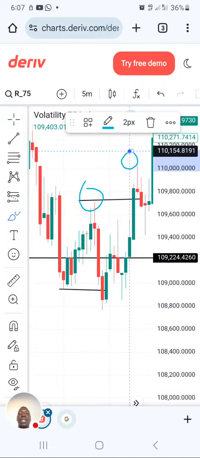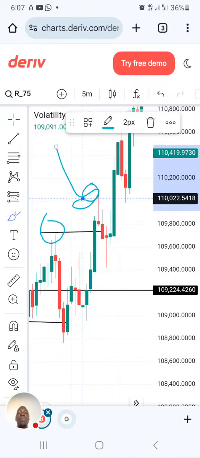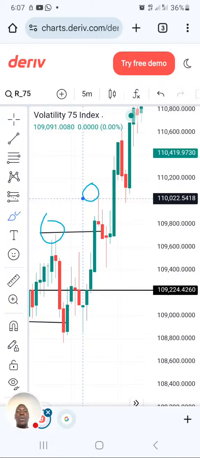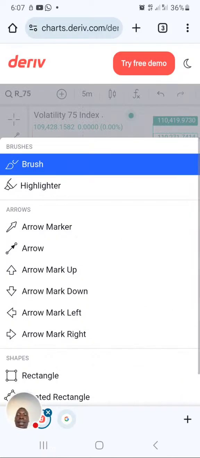So if you are getting scared, what you have to do is wait for the market to also take off this next high, which we have marked here. When the market takes that off, you mark your last high here. After marking it, you wait for the market to come back and retest it.